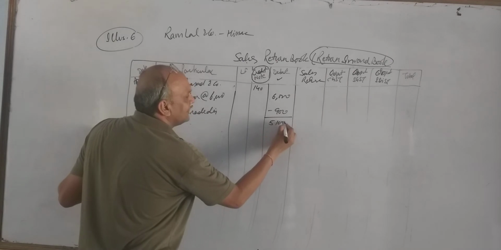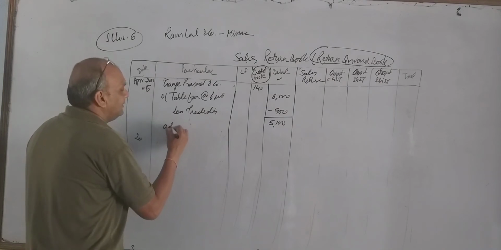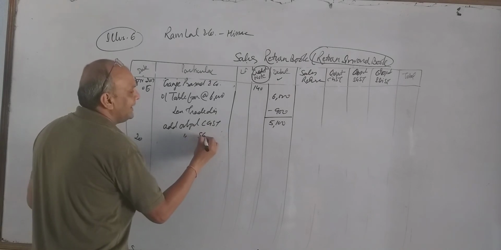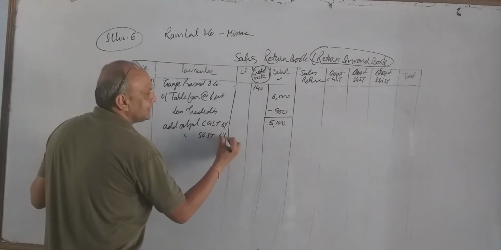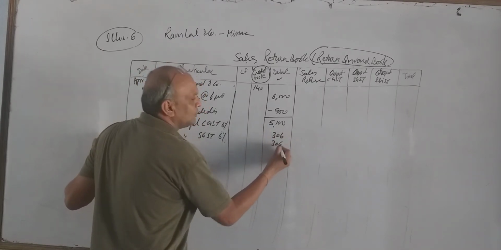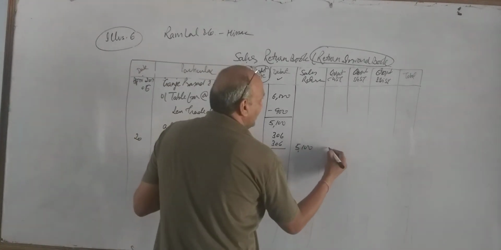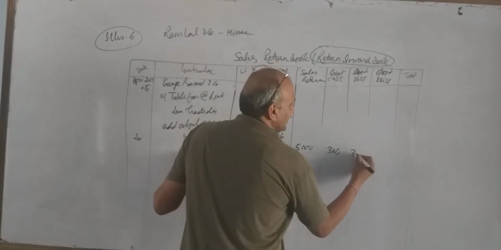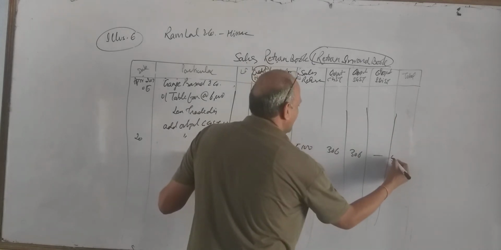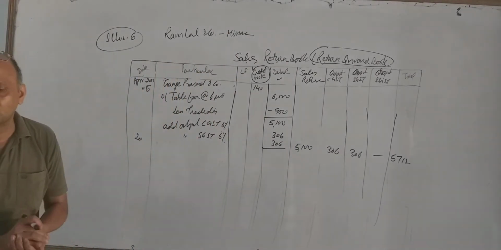So the remaining sales return is 5,100. Now output GST is given at 6%. Add output CGST, add output SGST, 6%, 6%. So it becomes 306 each. Sales return amount is 5,100, output CGST 306, output SGST 306, and here it is dash, and the total comes to 5,712 rupees. In this way we are going to record.